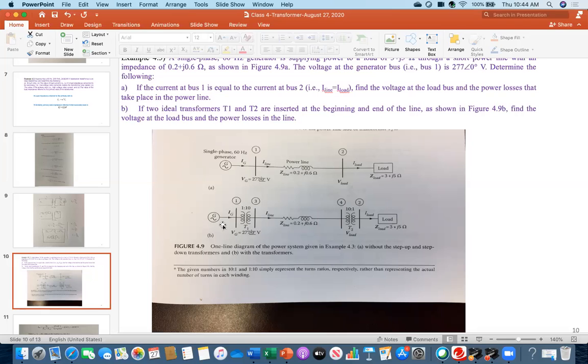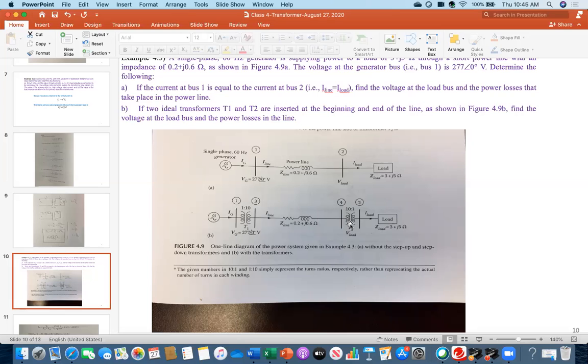In this case, what would you do? Would you just add this one and this one? Can you add this plus this? Everybody, could you follow what I am telling? Because there is a transformer in between, you cannot directly sum up this one with this one. So what you have to do, you have an impedance here.